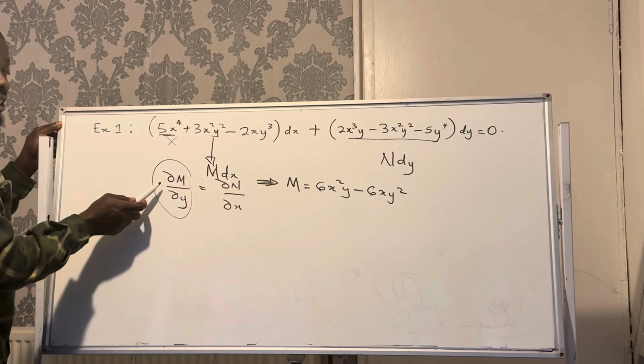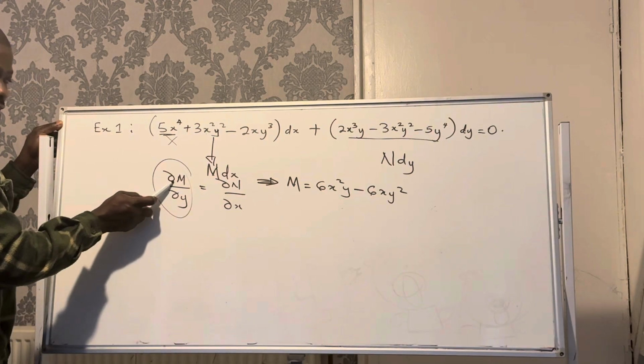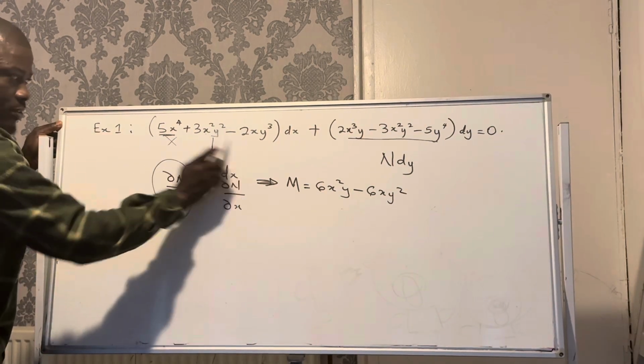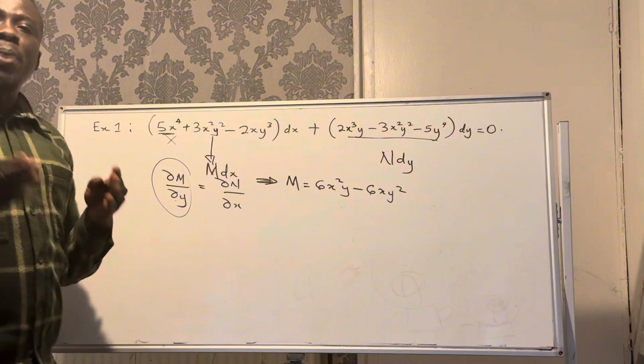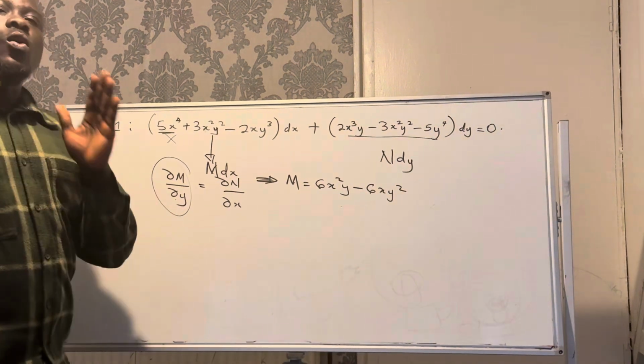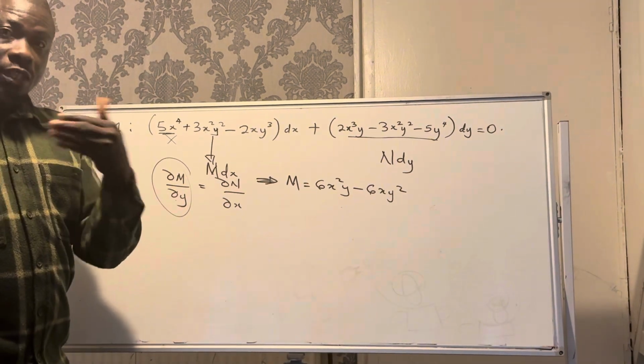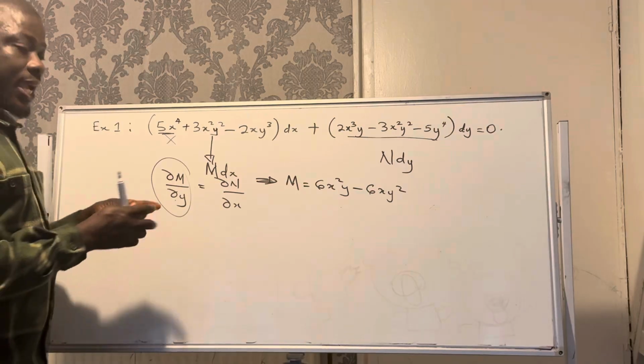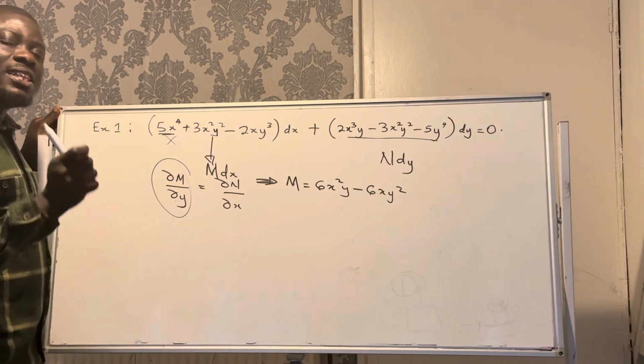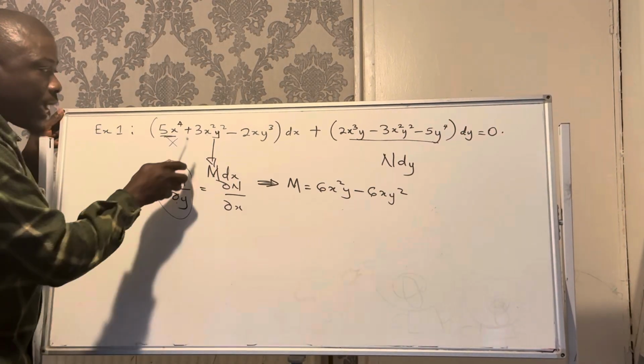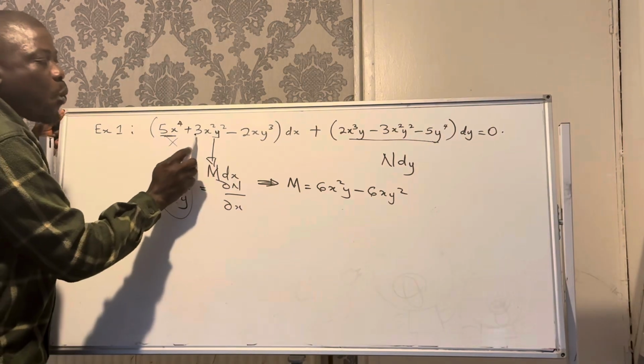So differentiating M partially with respect to y, we have this. And when we are talking about partial differentiation, we are only concerned about the variable we are differentiating on, not the others. In this case, we are differentiating partially with respect to y, so that's why I'm differentiating y alone.